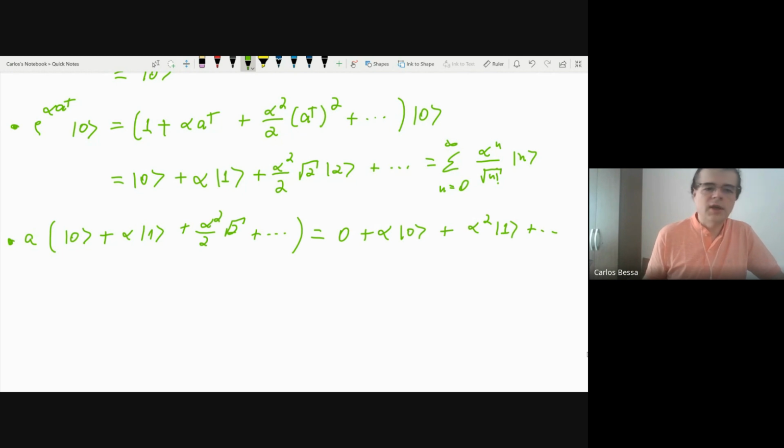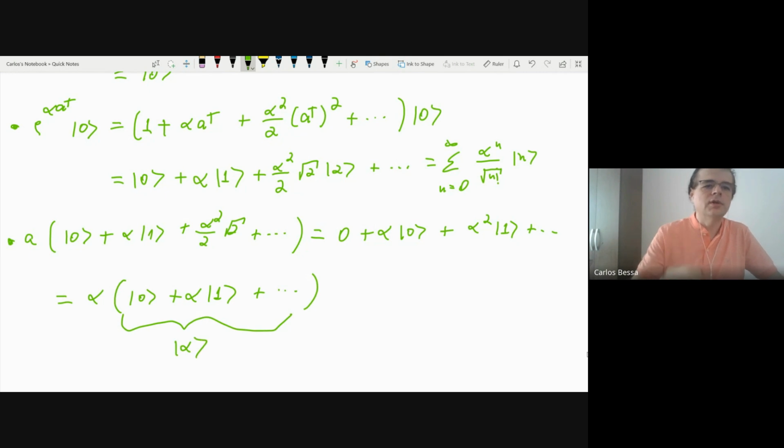So in the end, we'll find that this guy here will give me, I'll put alpha in evidence, |0> plus alpha |1> plus the other terms. But this state here is just my state alpha, right?